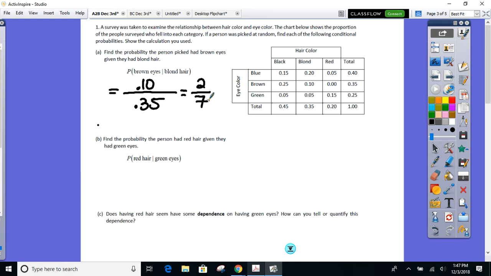It's like Christmas. Even though period 5, I did have a red hair, brown eyes in that class. So it wasn't 0.00. They do exist.